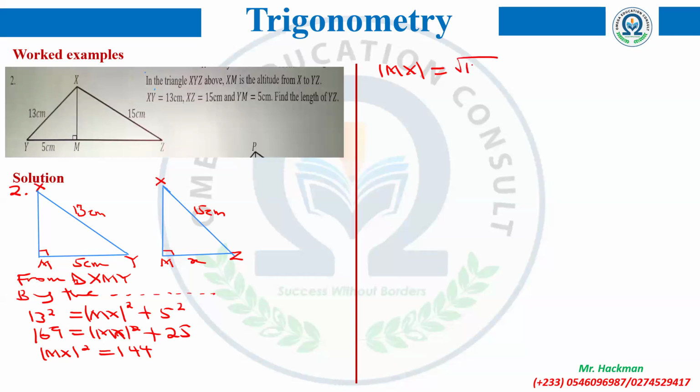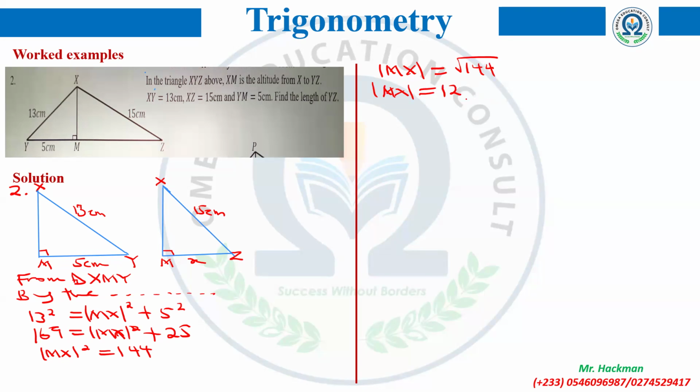You can see that I took only the positive square root because I know that I'm dealing with length, and length cannot be negative. So this implies that my MX length, what I'm looking for, will be equal to 12. I can choose not to even write this, it's simply understood to be there. All correct.